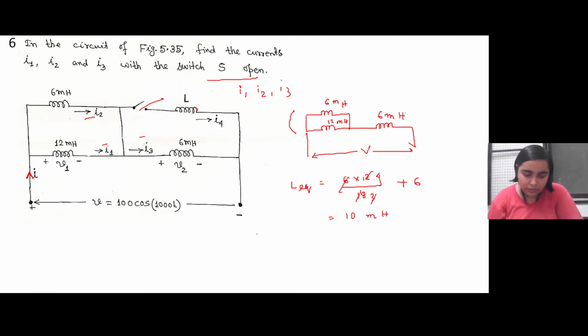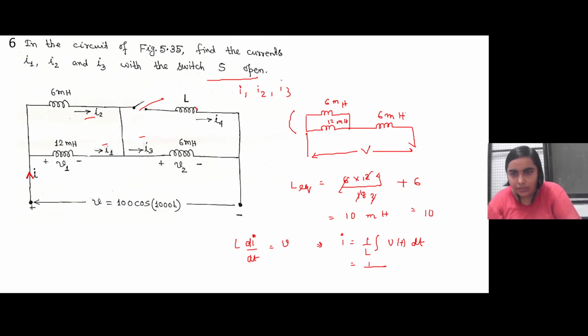So the total current that will be, L into di by dt is equal to voltage for an inductor, right? Since we have V given, I will be the integration of 1 by L, V of t into dt. So this is 10 to the power minus 4 Henry, right?